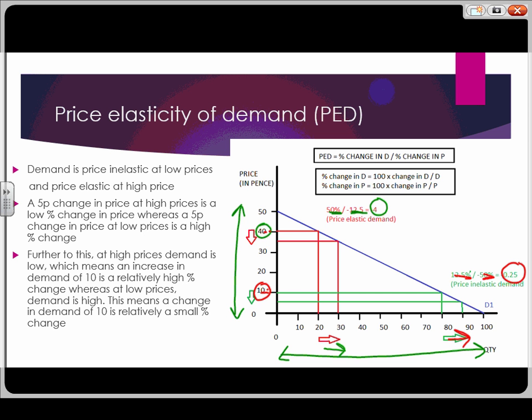In both scenarios, it leads to demand increasing by 10. But going from 20 to 30 will be a much bigger percentage change in demand than going from 80 to 90. So when the price is high, a drop in price will be a smaller percentage than when the price is already low.